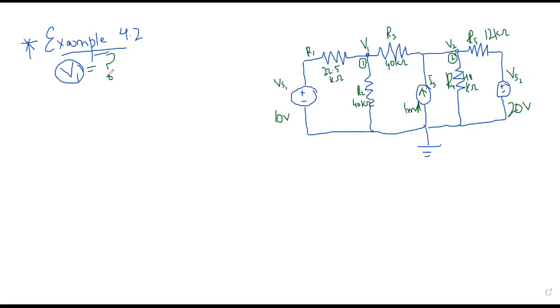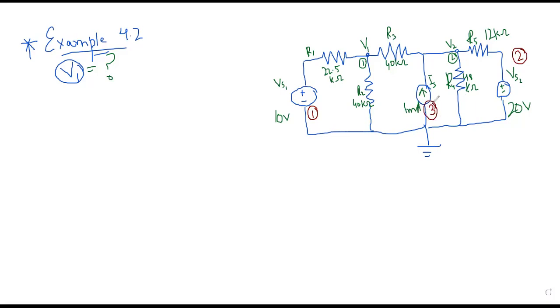So according to my superposition theorem, first I will split my variables. So my first diagram, this is my first source number 1. Okay, this is my second source, and this is my third source.